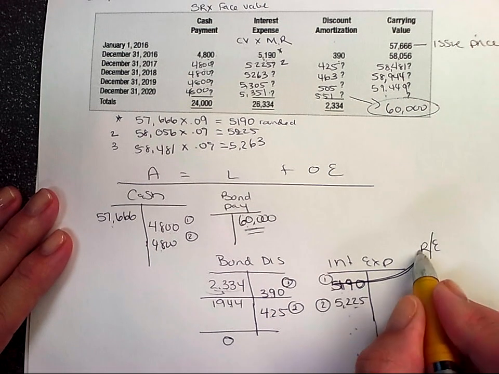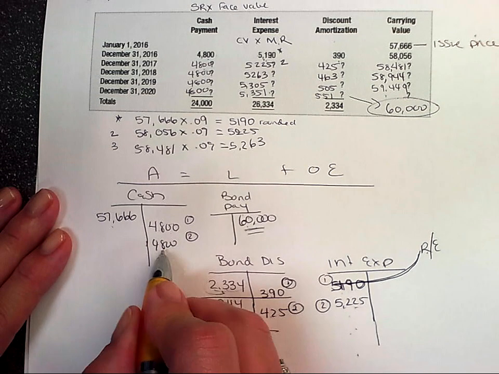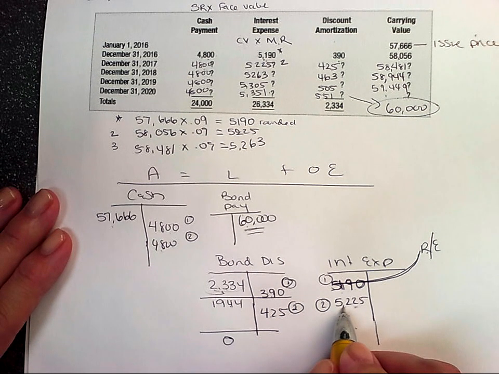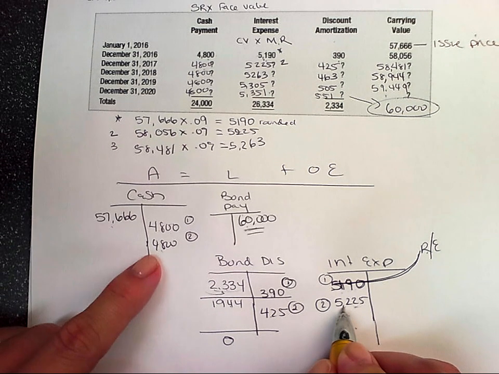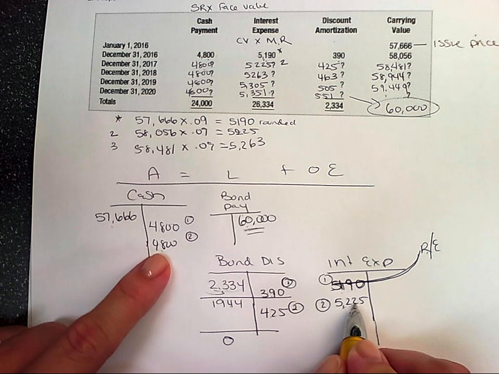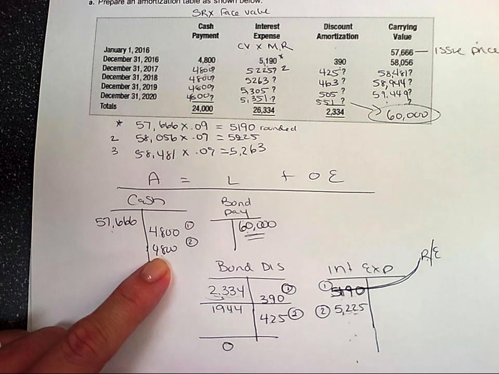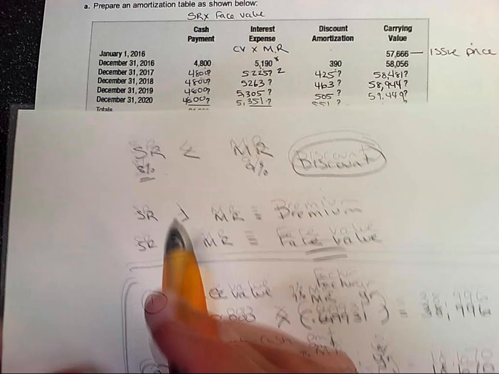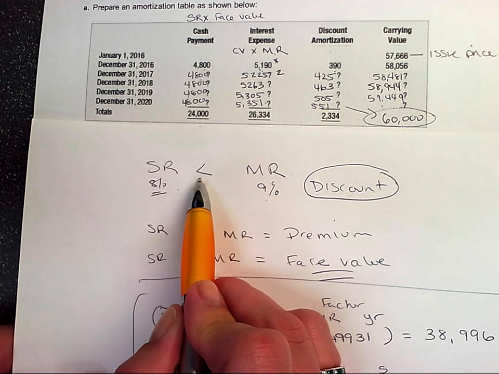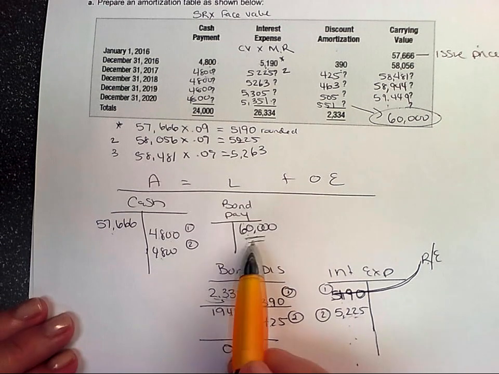This amount from the first year gets closed out to retained earnings. Again, in year two, you're paying the $4,800. Year two, your interest expense is $5,225. Now remember, we should be seeing a higher interest expense than cash payment because I issued this bond at a discount. My stated rate, the amount of interest I'm paying, is not the same as the market rate. It is less. So remember, I'm giving my bondholders $60,000 in 5 years.